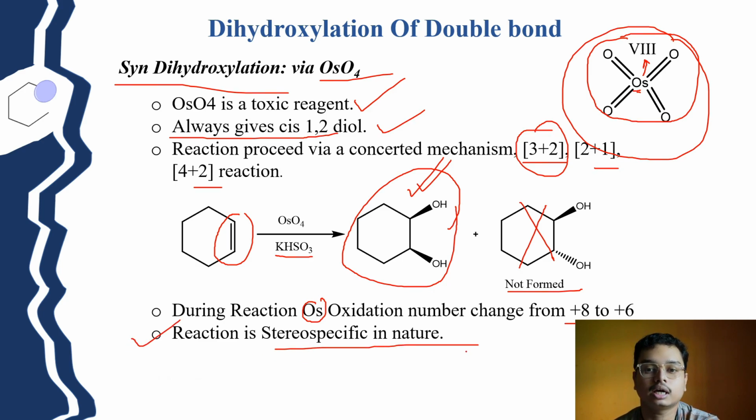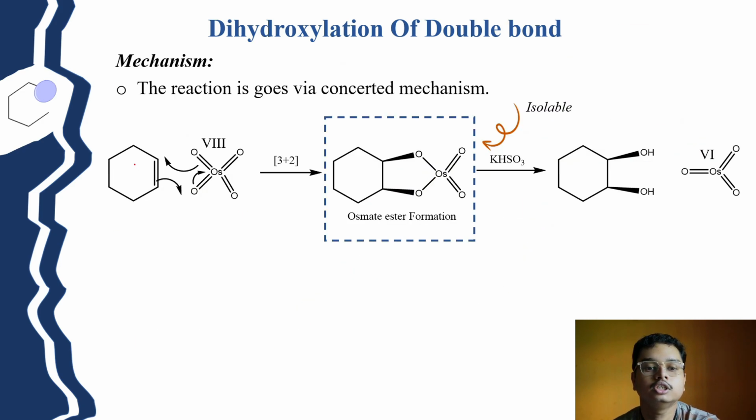Now let us talk about the mechanistic pathway of this reaction. The mechanism goes via a concerted pathway. Initially, OsO4 reacts with the double bond via 3+2 cycloaddition to form the osmate ester, which is stable and isolable.